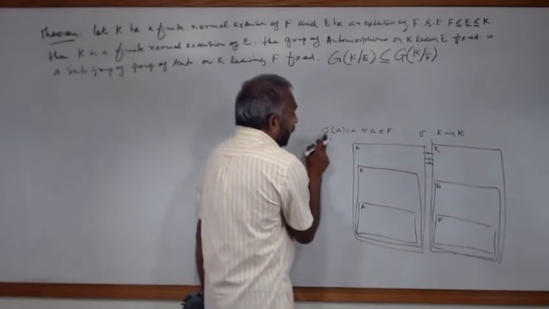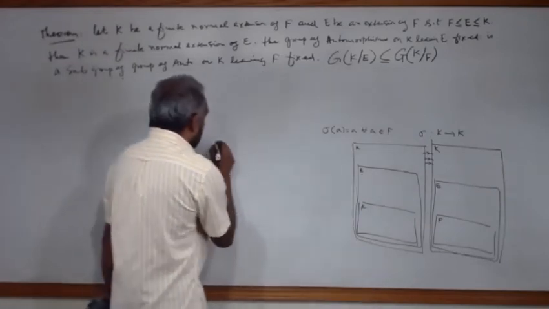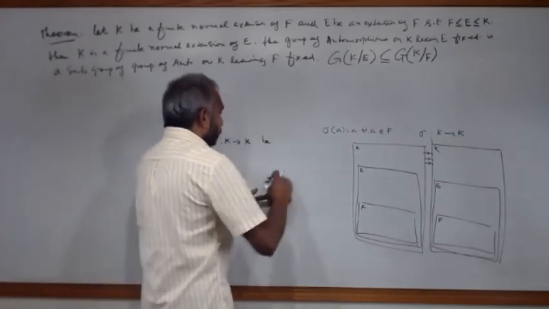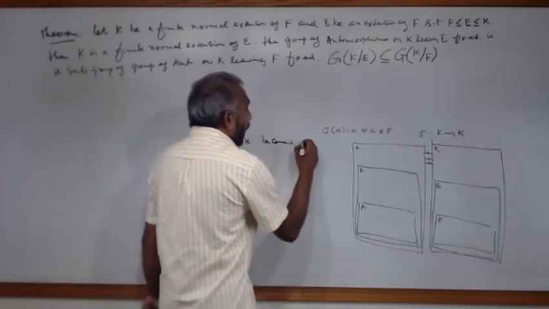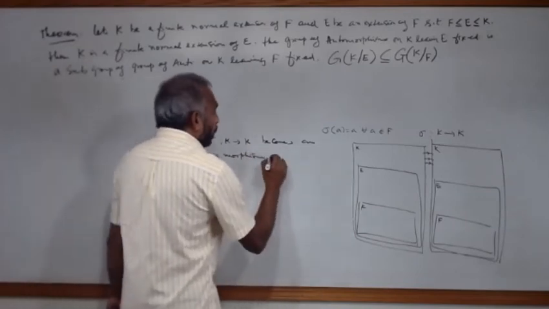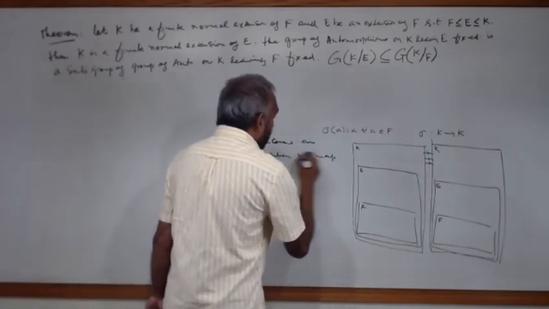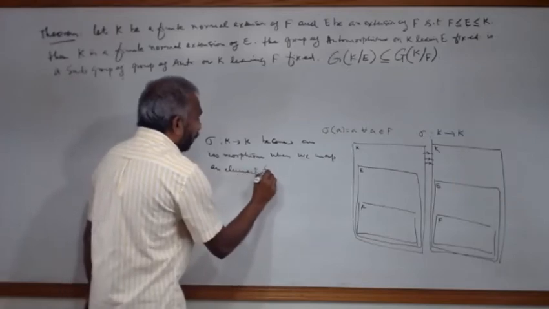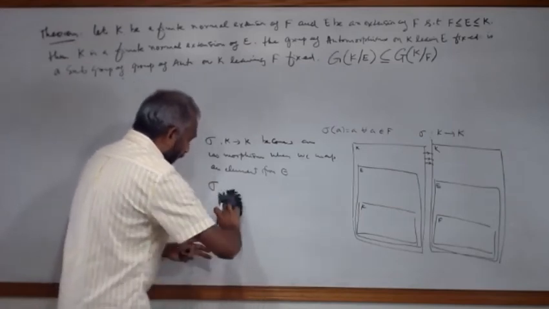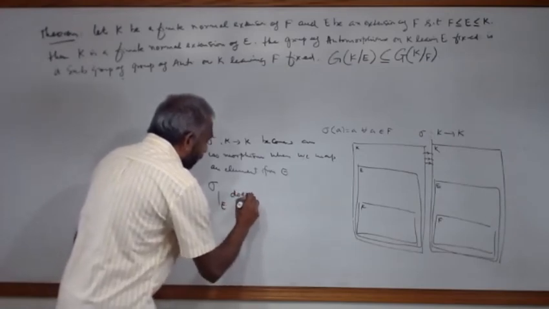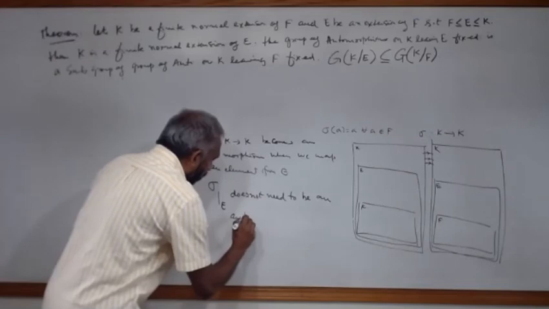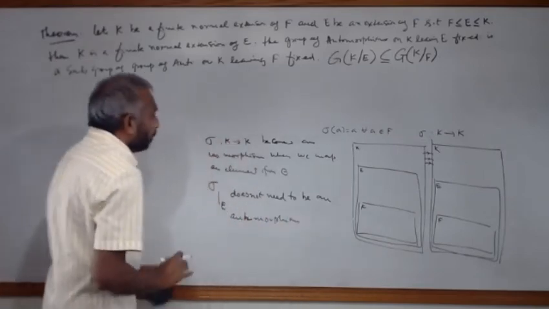But still it will be an isomorphism. So sigma from K to K becomes an isomorphism when we map an element from E. That means sigma restricted to E does not need to be an automorphism, but still it is an isomorphism.